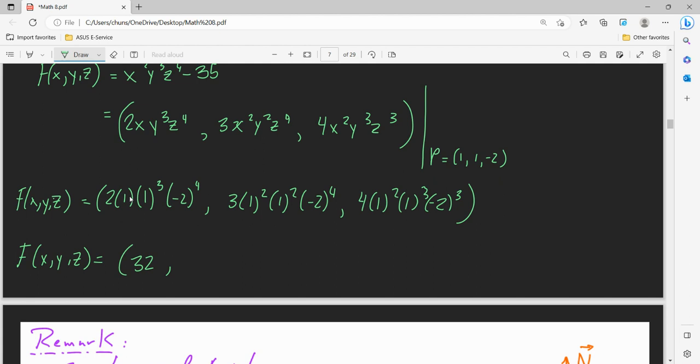Sixteen times 3 is equal to 48. And in our last one, this is going to be, so that's negative 8 times 4, which is negative 24. Right, so that's just another way we can use and apply partial derivatives.